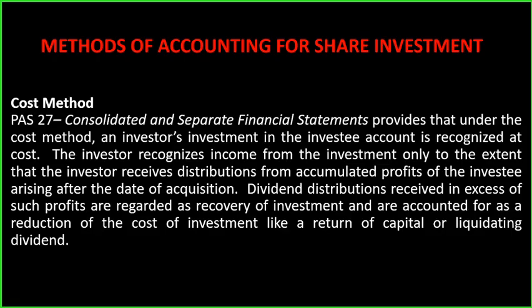Methods of accounting for share investment. There are two methods. You have your cost method and you have your equity method. Now, under PAS 27, it states that under the cost method, an investor's investment in the investee account is recognized at cost. What does that mean?